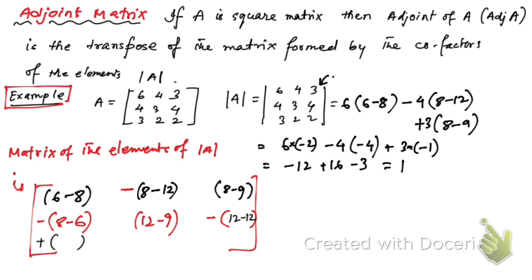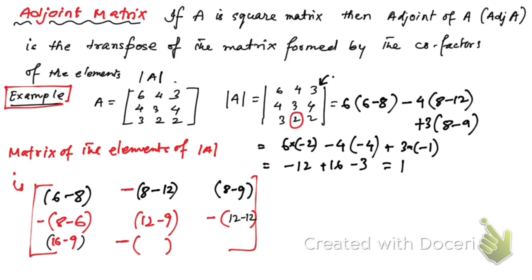Then take the cofactor of this, ignore this row and this column, then 4 times 4 is 16, 3 times 3 is 9, so 16 minus 9. Then again negative, here it is positive, so next should be negative.